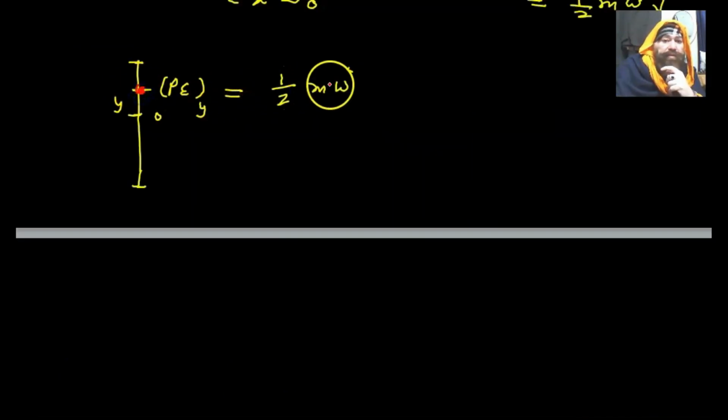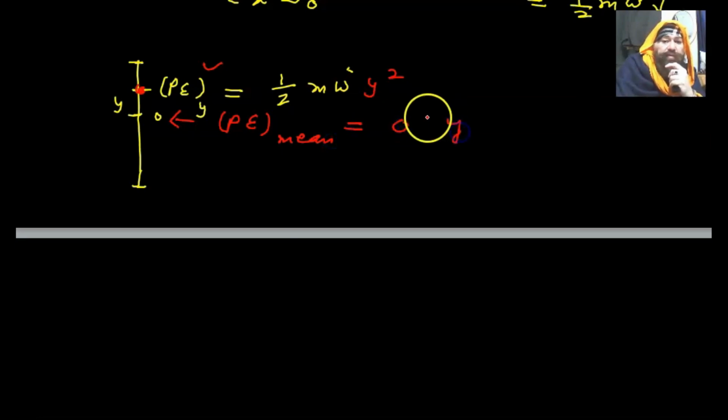This is the mean position, and that is the extreme position. What is the potential energy at the mean position? How much is it? 0, because y equals 0.